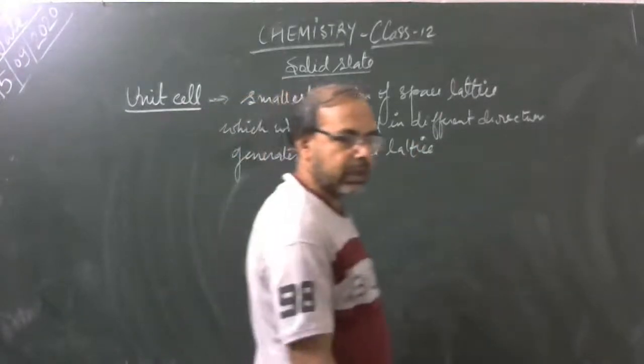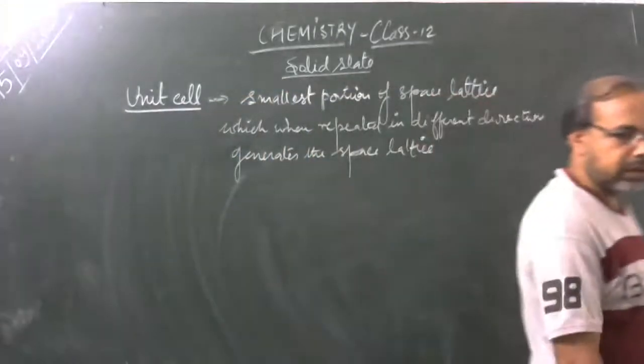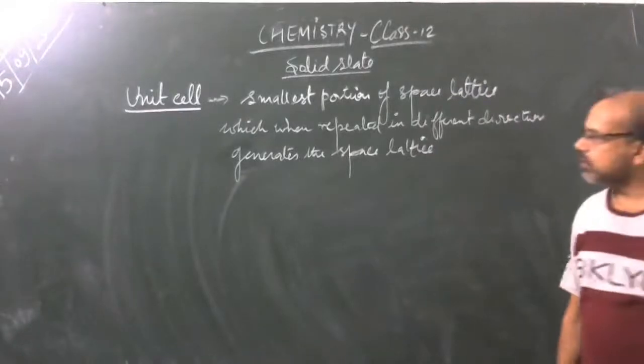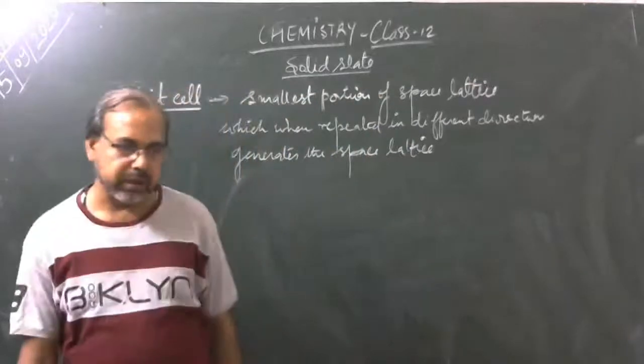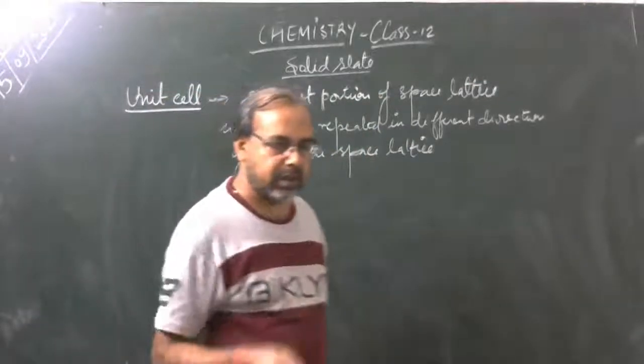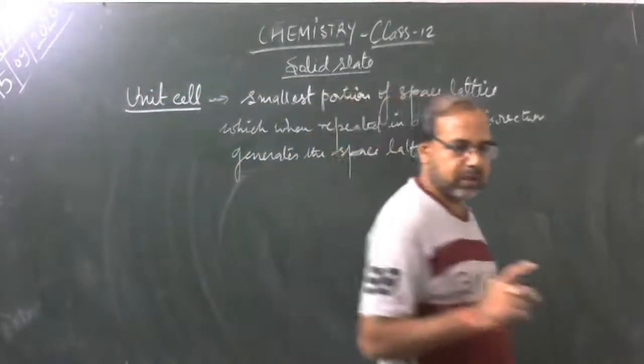So unit cell under the space lattice is the smallest portion of space lattice. In the space lattice there are so many unit cells.